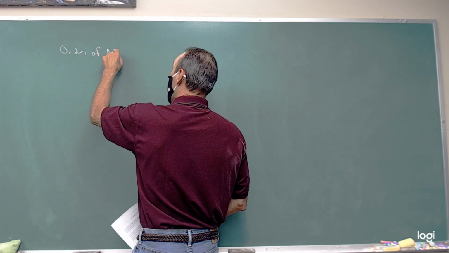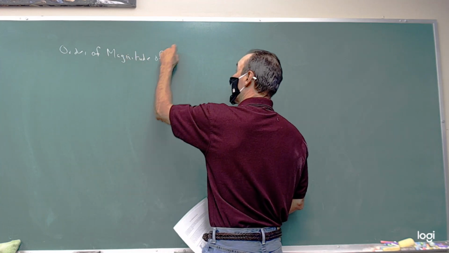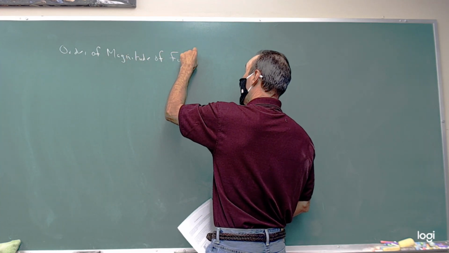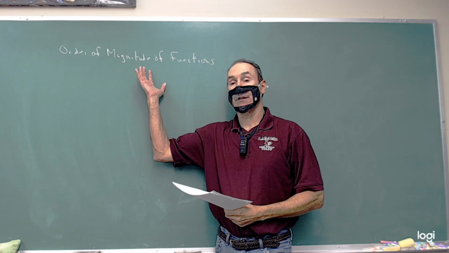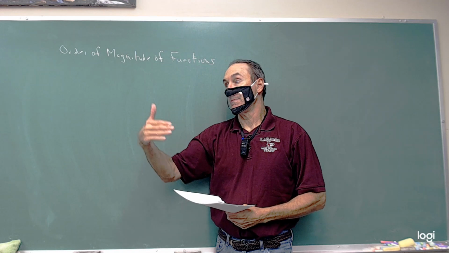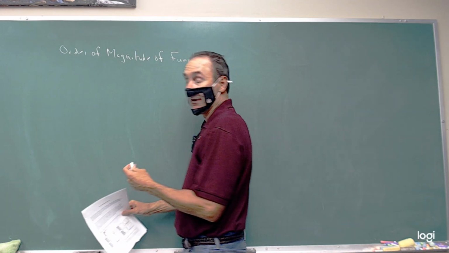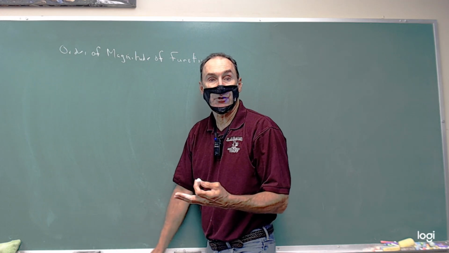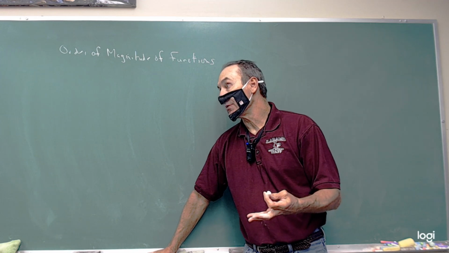And we talked about it, and this is of functions. We talked about this a little bit in the context of different power functions or polynomials. So it's relatively easy to determine which of two polynomials is a higher order function.